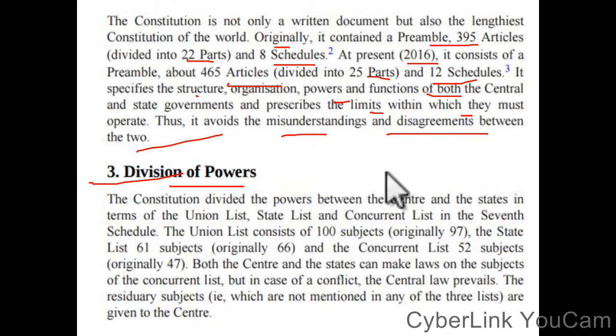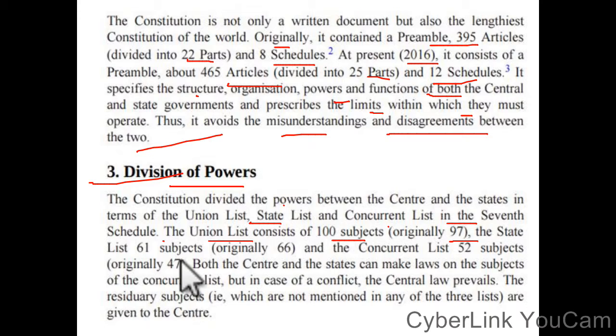Division of powers. The Constitution divides the powers between the center and the states in terms of the union list, state list, and concurrent list in the seventh schedule. The union list consists of 100 subjects, originally 97.